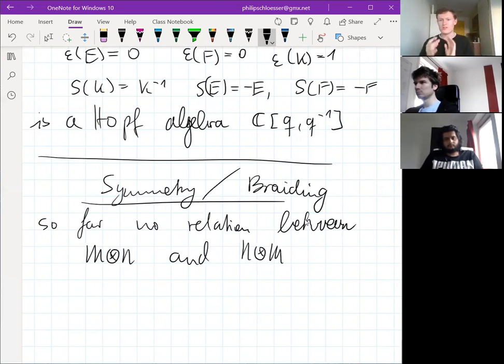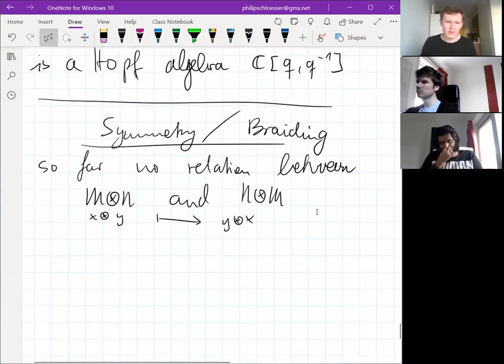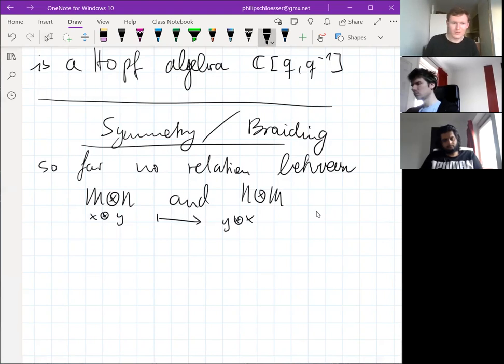I mean, sure, they are isomorphic as vector spaces. You can just define a map that maps X tensor Y to Y tensor X. But in general, that map is not H linear, so it's not really what we want.